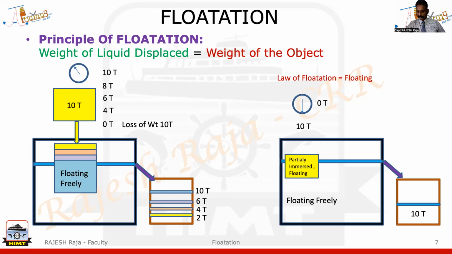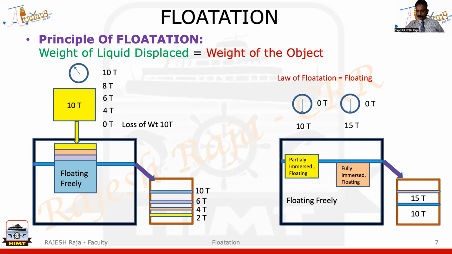So this is floating freely. I'm going to take one more object, let us say a heavier object, and I consider that 15 tons. So when I kept on lowering, I could get a reading of 0 tons only when it was fully immersed. Obviously, I can see that this water is also 15 tons.